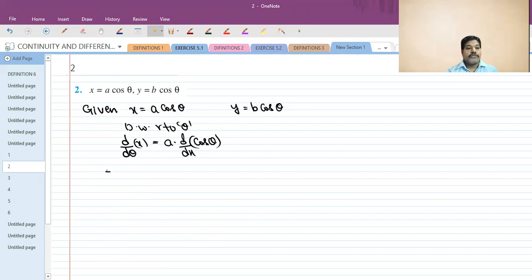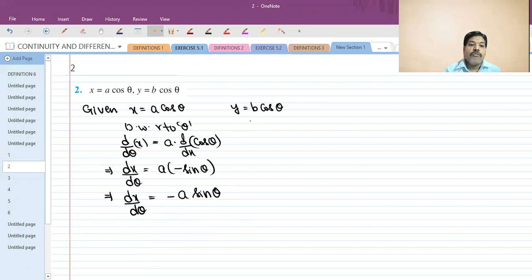So dx by d theta is equal to a into the derivative of cos theta, which is minus sin theta. So dx by d theta is equal to minus a sin theta.